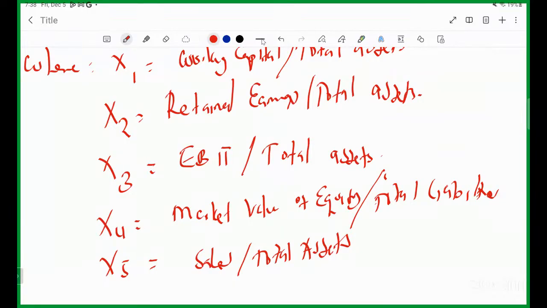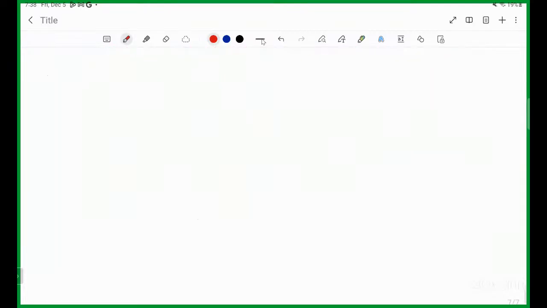Let's go and compute them and come and do our Z score. So, without wasting time, you're going to have 2023 and 2022. Let's work together. These are going to be the parameters that you're going to use. Let's start.